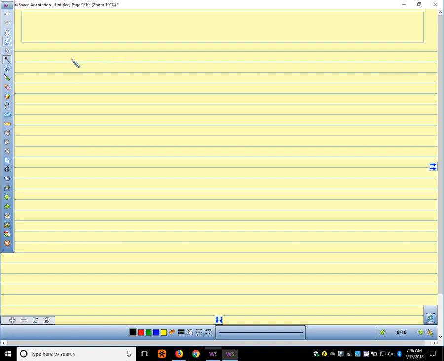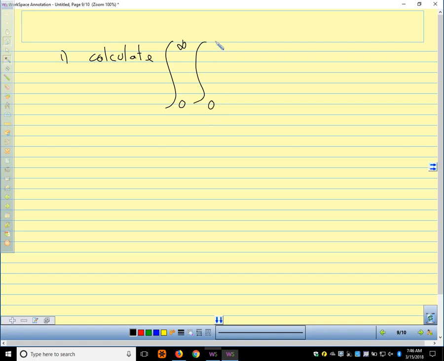So we want to calculate the integral. Is this a starting activity? Yes. Oh, this was on the homework.